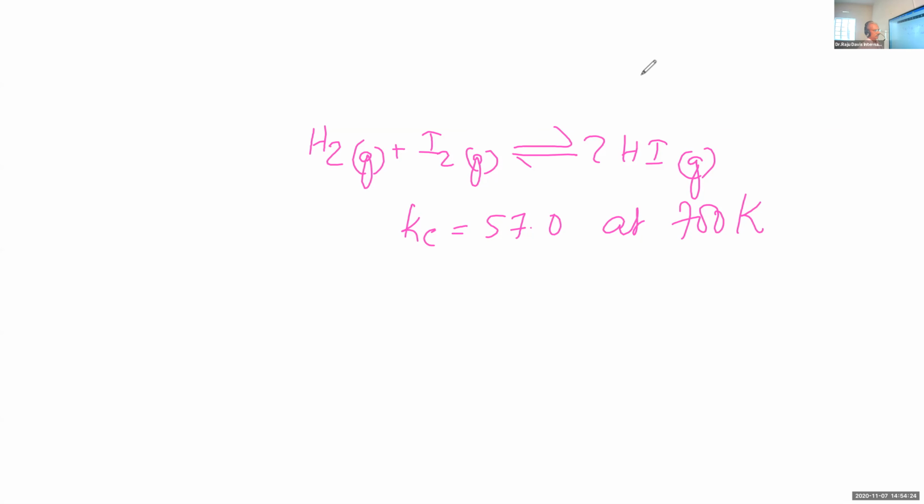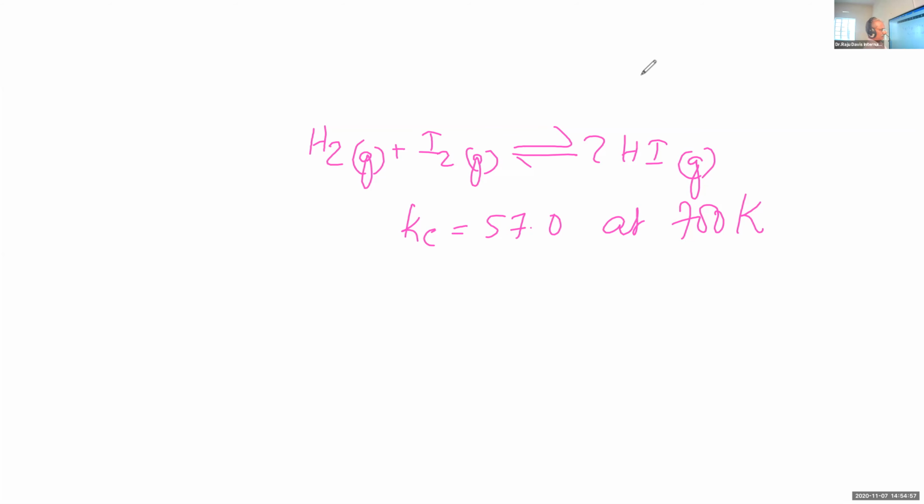Sir, I have a doubt. What is the meaning of predominate? Predominant means more amount will be formed. There will be more amount of the products or more amount of the reactants. When the forward reaction increases, there will be more amount of the products.